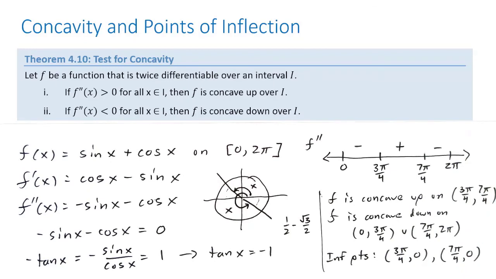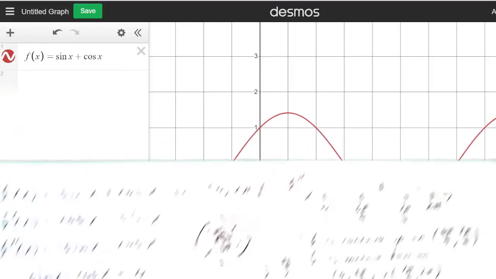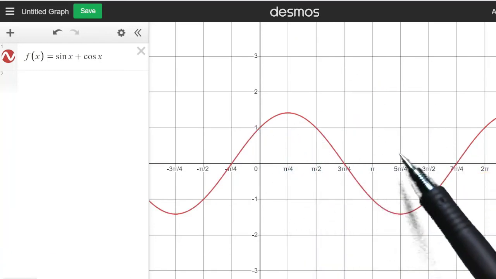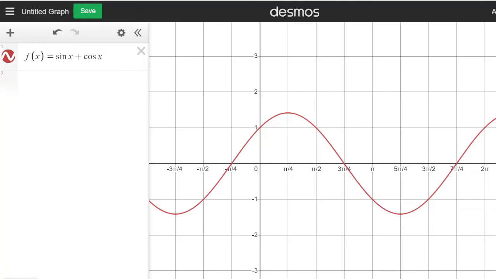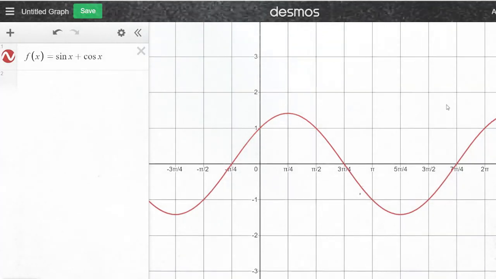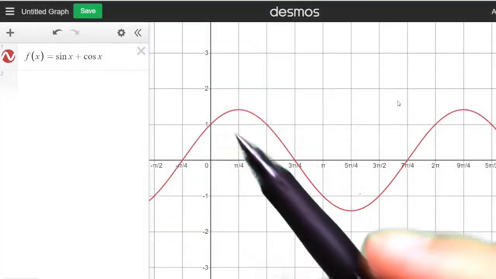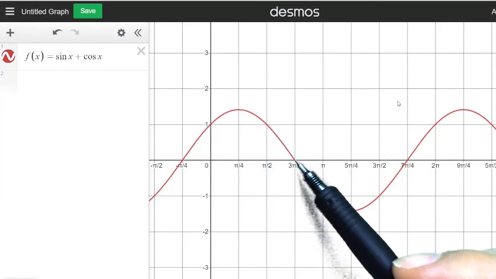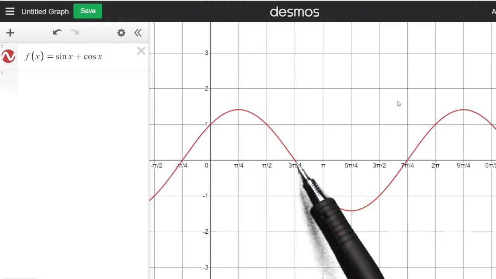And let's take a look at what the graph actually looks like. We're only looking at the interval from 0 to 2 pi. So let me just get that a little bit more in range here. Okay, cool. So we can see it's concave down until we get to here, 3 pi over 4. That's what we said. And then we have an inflection point there, 3 pi over 4 comma 0.